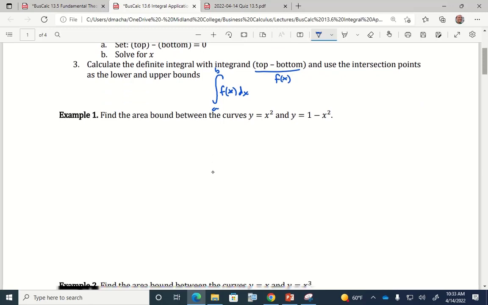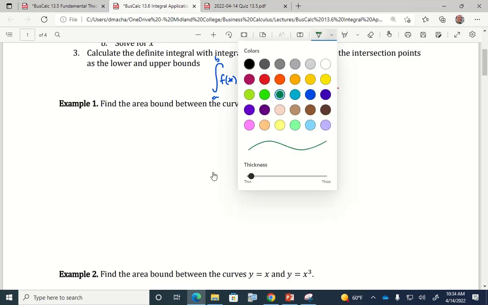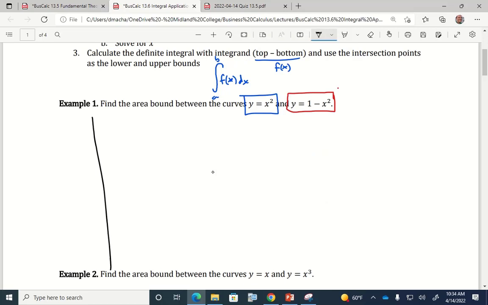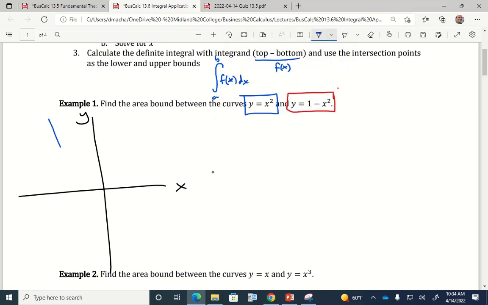So consider this question. It says, example 1, find the area bound between the curves y equals x squared and y equals 1 minus x squared. So draw a little picture. Pictures help you think. Here's my xy plane. y equals x squared is just the parabola that looks like that.